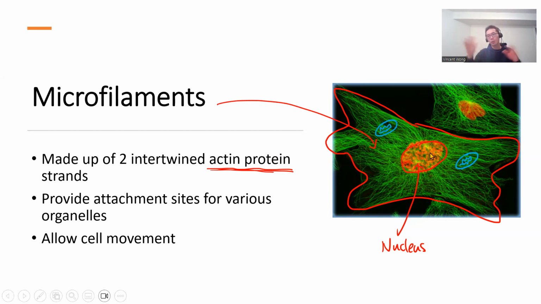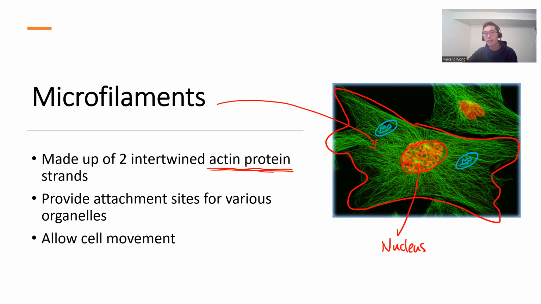Without the cytoskeleton, they just flow around randomly, bump into each other, and that would be chaos. But as you learn, organization is a feature of living things, so it's not surprising that you have these microfilaments to help organize things.